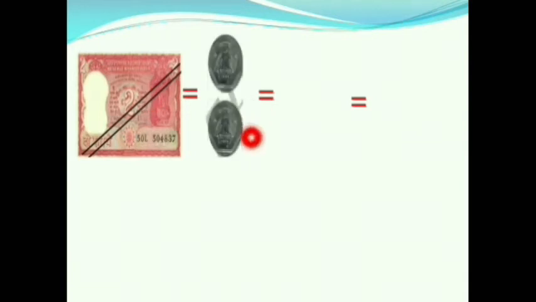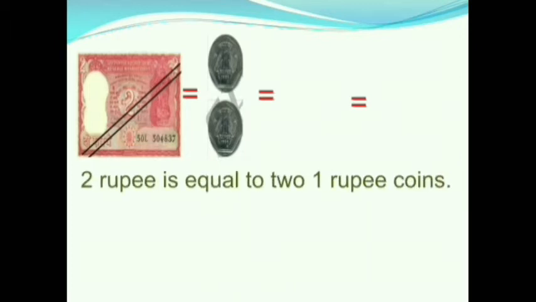Here we have a 2 rupee note and beside it we have two 1 rupee coins. What cost will we get when we add these two? Yes, 1 rupee plus 1 rupee is equal to 2 rupee. 2 rupee is equal to two 1 rupee coins.